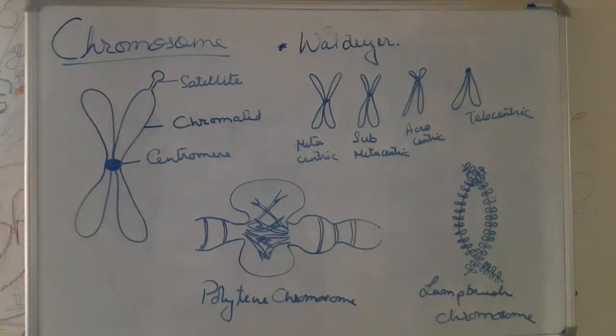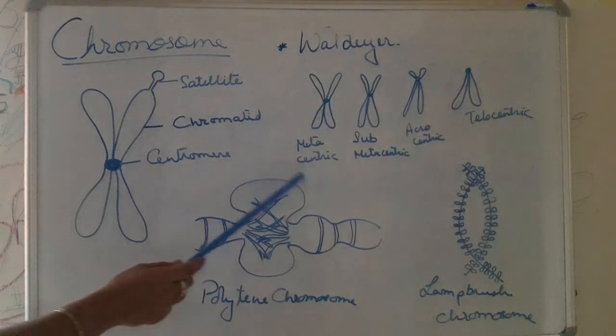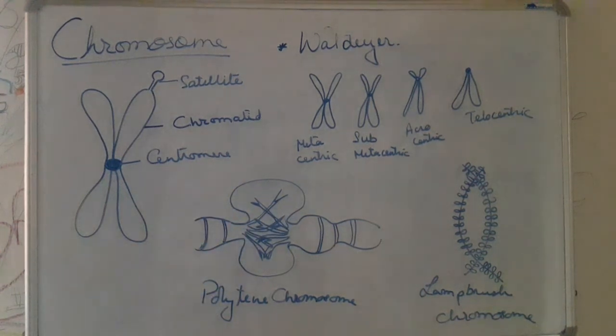That means during the pairing state they do not separate, they pair together and then replicate, and for this they attain a large size. These chromosomes bear some swellings which we call the Balbiani rings or chromosomal puffs. They also possess dark bands, and in between the dark bands interband regions are present.